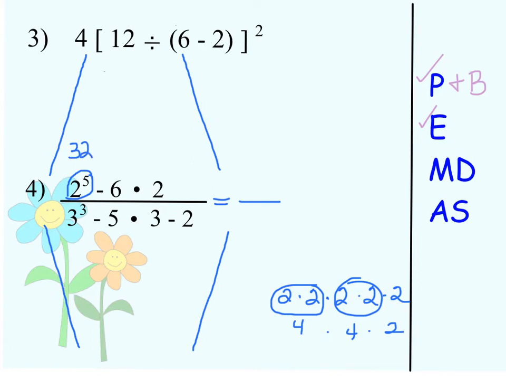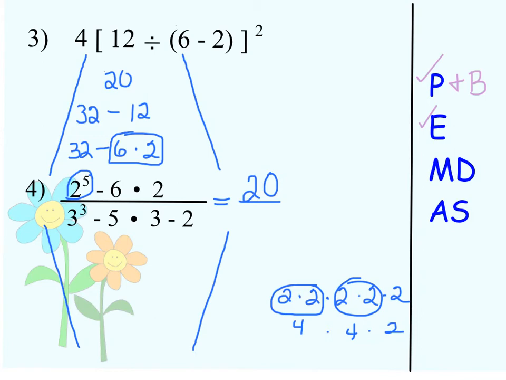Now bring up everything that we haven't used yet. And now we continue with our order of operations. After exponents is multiplication and division. So we're going to multiply 6 times 2, which is 12. And then lastly subtract 32 and 12, which is 20. So our numerator is 20.